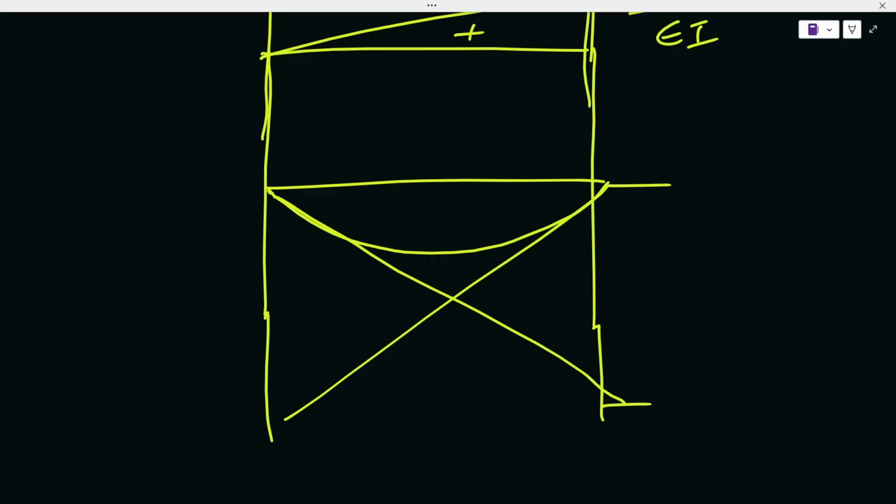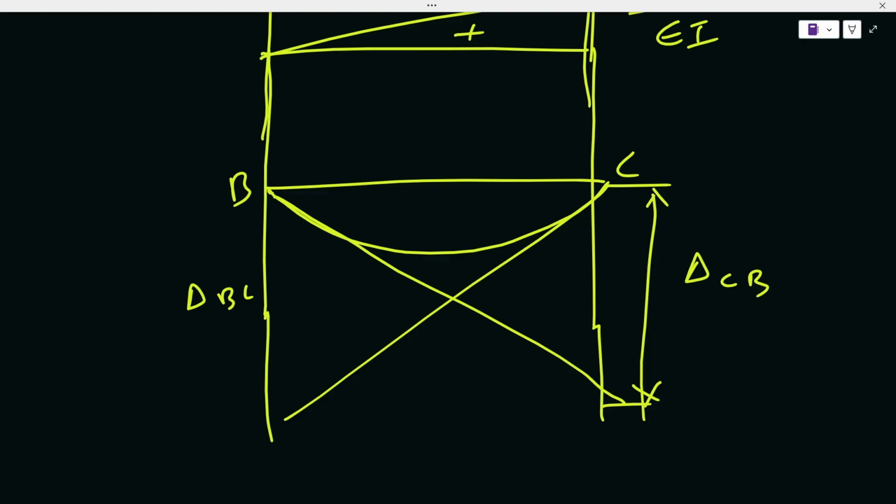So here will be delta CB, and here will be delta BC.